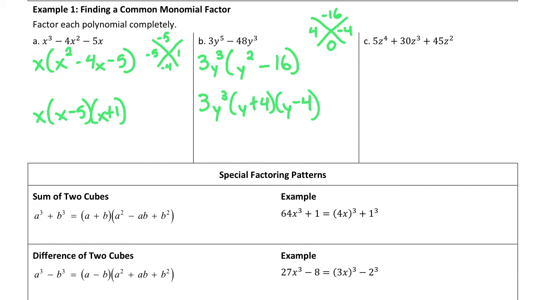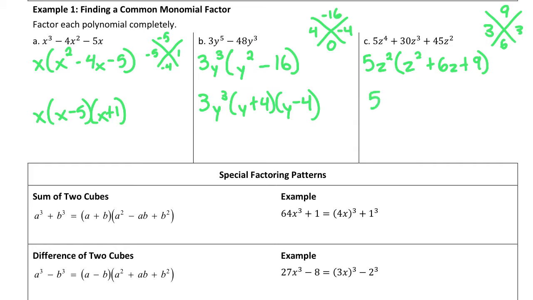In part C, out of each term, we can factor out a 5, and we can factor out z squared. Because each term has z, we can factor out the lowest degree of z from those terms. So this becomes z squared plus 6z plus 9. Numbers that multiply to be 9 and add to be 6 are both 3.